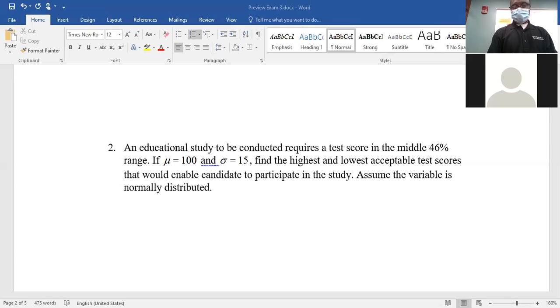Now, if I want to use the normal standard inverse, I'll put the probability here, 0.23. And I have negative 0.738. Let's look at the table.